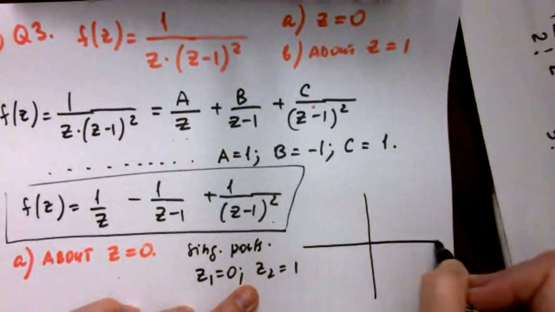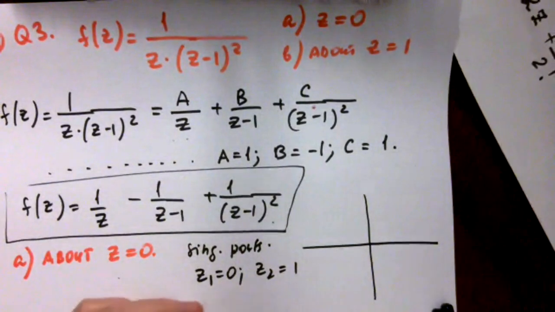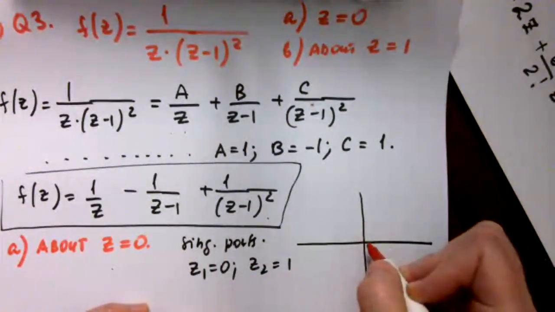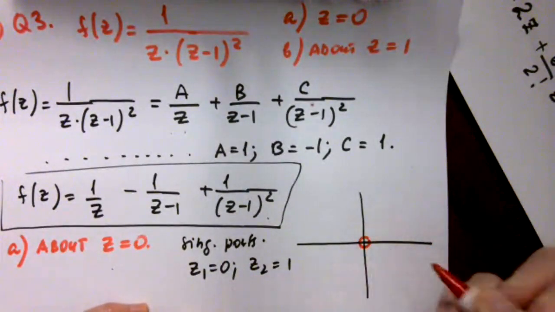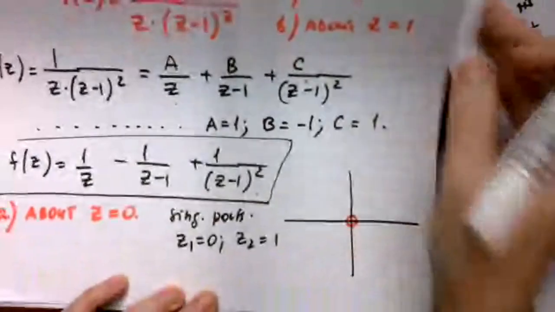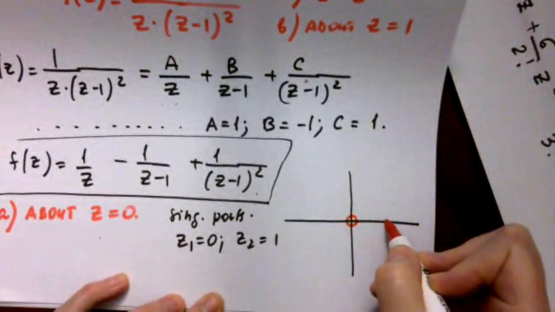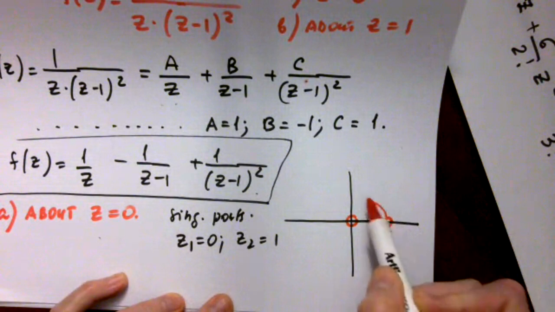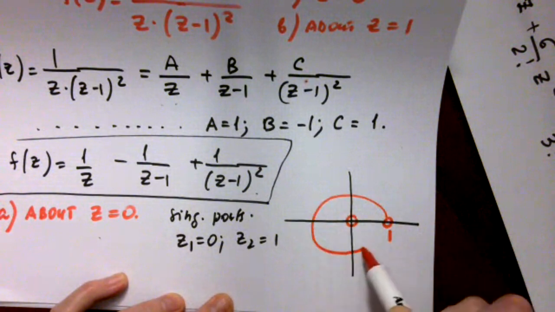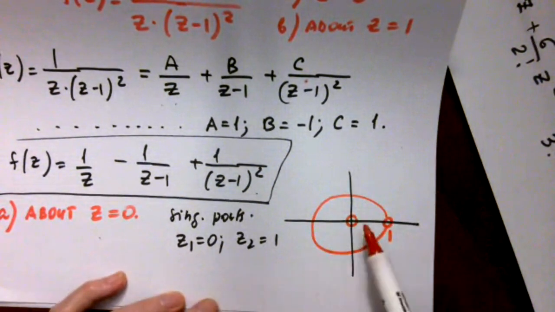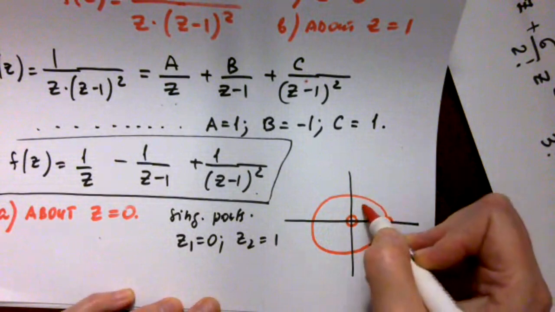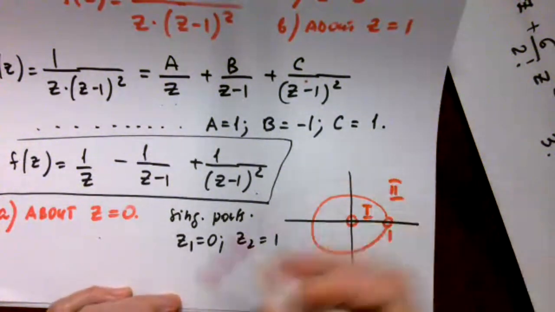Let's plot these points and see how it looks. We never came across this situation before because our singularity point coincides with the origin of the coordinate system. And the second point is 1. But as usual, we need to plot the circles going through these points. And as a result, it looks like we have only 2 regions, 1 and 2.